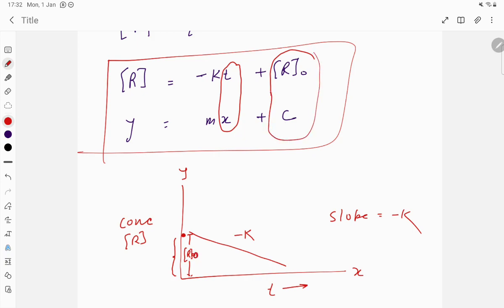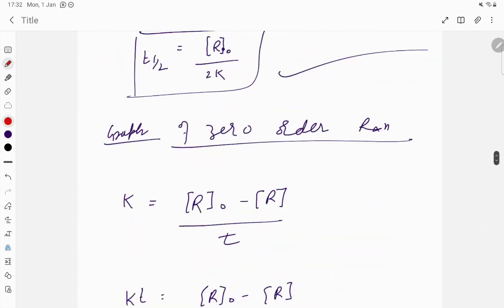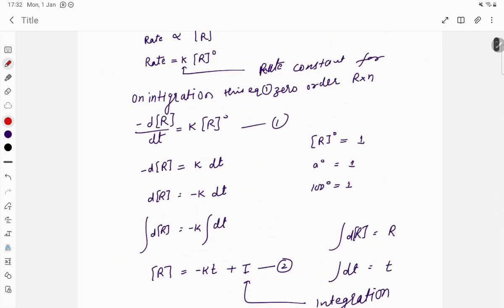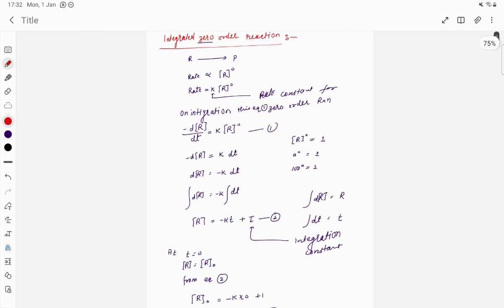The slope is negative, so the slope is minus k. Here c is the intercept, R naught. This way you can derive it, student. Not too difficult. Thank you.